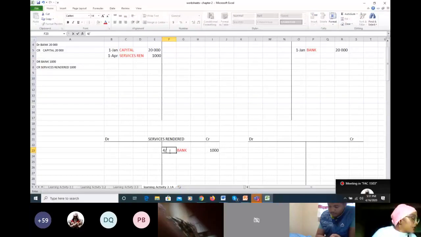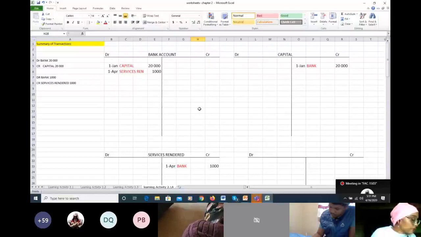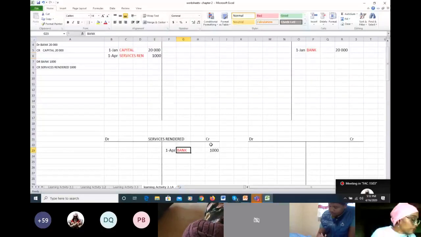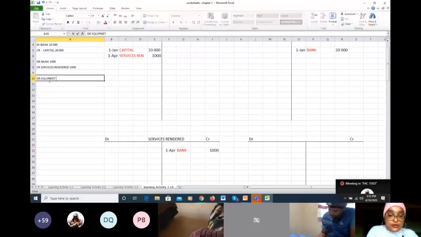Okay. Now, number 9, I purchased equipment per cheque for 2,400 Rand. So I purchased equipment, so I'm going to debit my equipment account, my asset account, and it was 2,400, and then I'm going to credit my bank account.